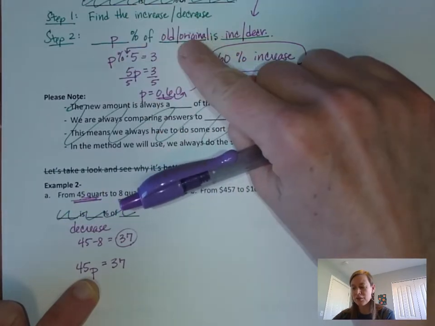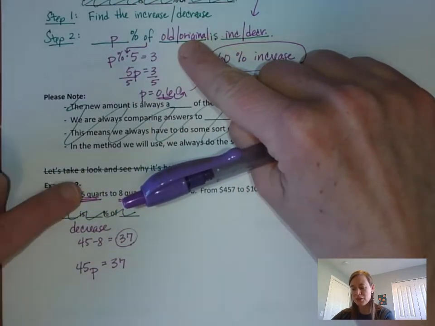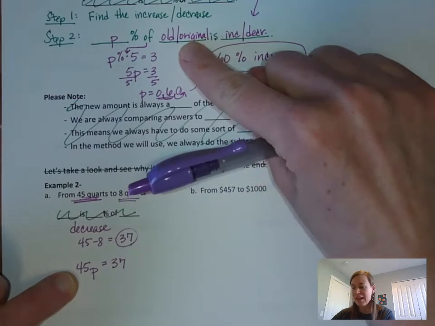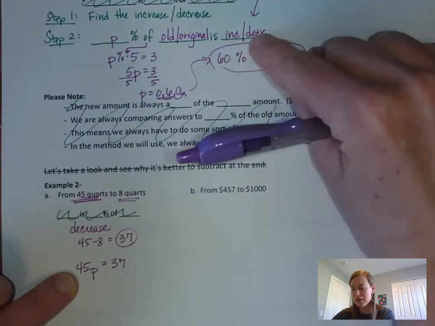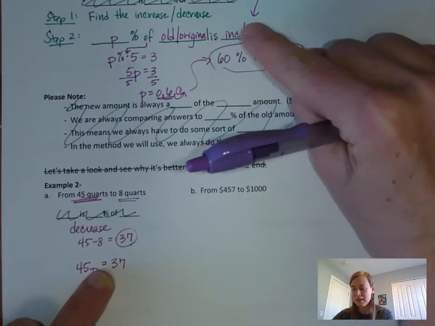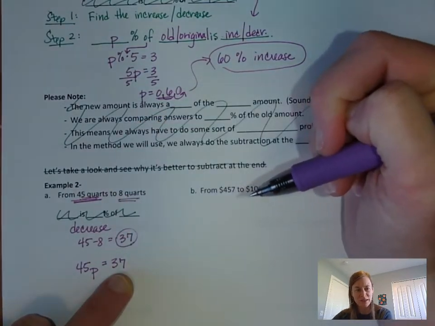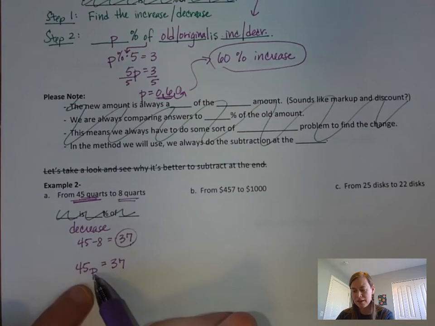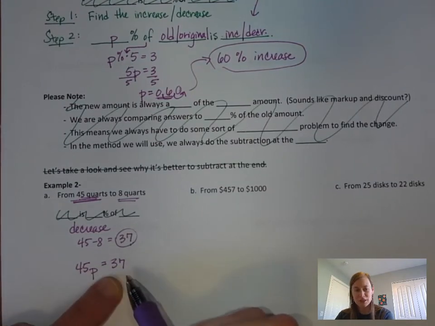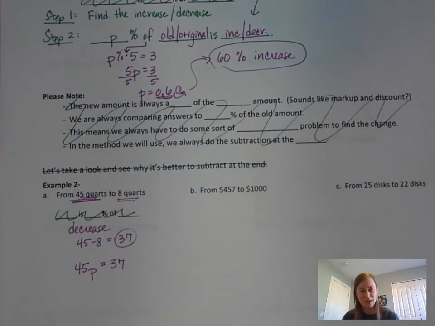P% of the original would be P times the original, which is 45, is the increase or decrease. Is that equal sign? And 37 is the amount of the decrease. So that is how I got the 45 times P equals 37. From here, you're just going to solve.